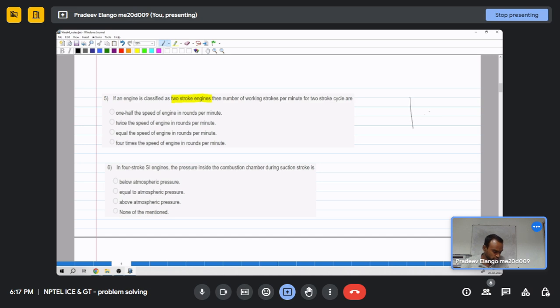In a two-stroke engine, we will have a delivery port, a transfer port, connected to the crankcase. And the fuel plus air is given inside, based on the SI engine, and then this is the exhaust port.